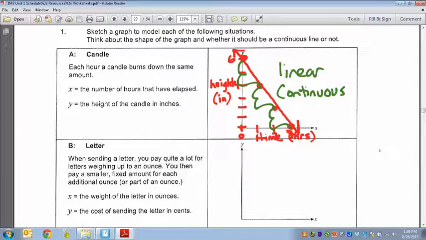But once that work is already done, the additional ounces don't take that long, because the hard part's already done.